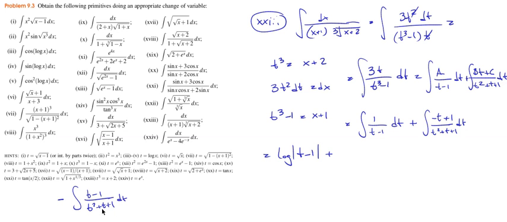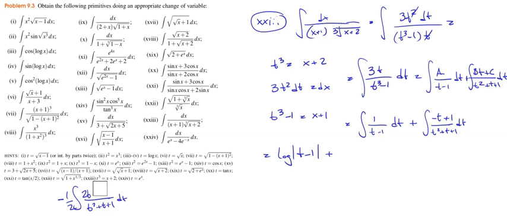Now if we want to, first of all, get rid of this, we multiply and divide by 2, right? You have 2t minus 2, and the derivative of this is 2t plus 1, so 2t plus 1 minus 3 actually, right?